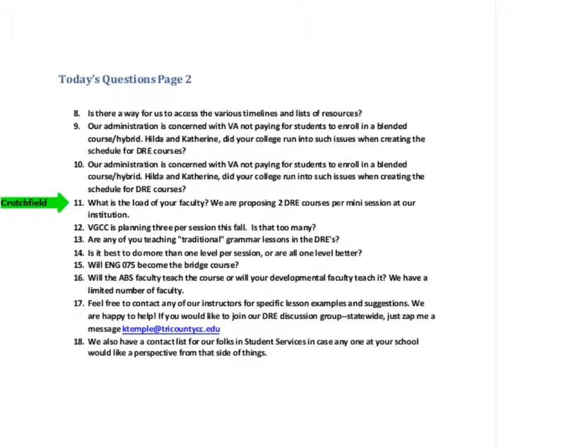Well, our loads vary because our instructors have responsibilities in the learning lab as well as the DRE classes, so it depends on the need per semester a lot of times.